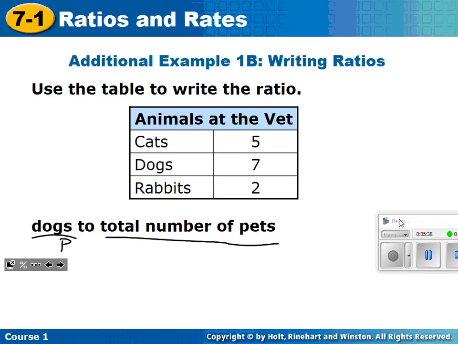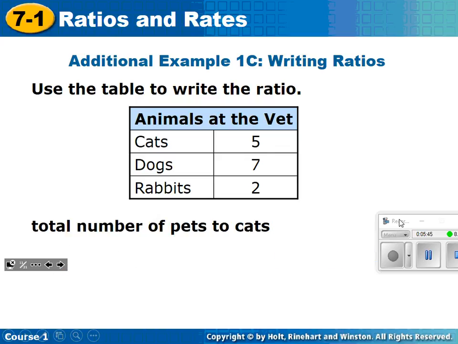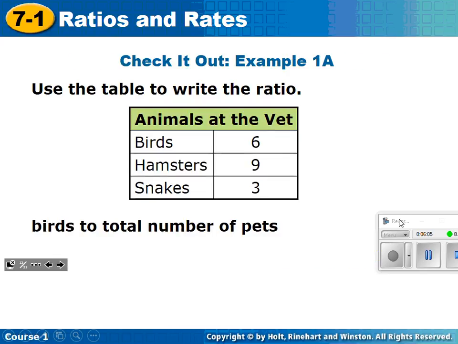So it's part to whole. Okay. Total number of pets to cats. Elijah. 14 to 5, correct. Part to part, part to whole, or whole to part? Whole to part, because you got the whole thing to part of it. Very good. All right. Next.